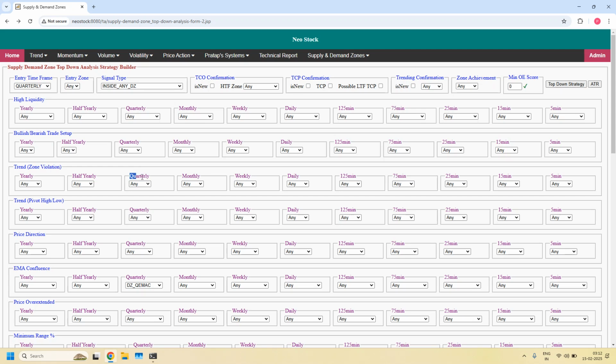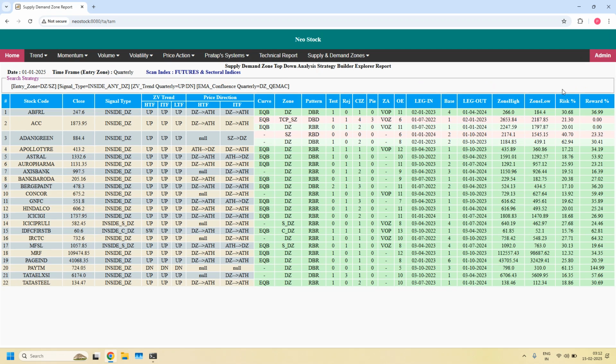So that's why in the quarterly time frame, I don't want to select sideways trend. I'm telling the trend should be either up or down. Now the list has come down to 22. Now instead of analyzing 42 stocks, analyzing these 22 stocks is much easier. So this is the way this EMA filter will help us.